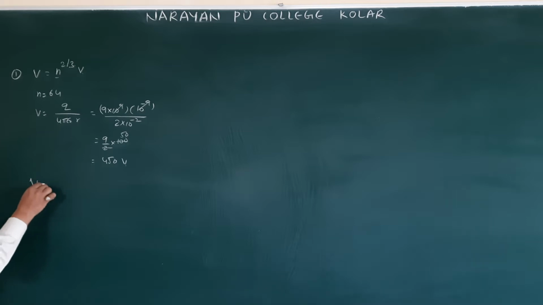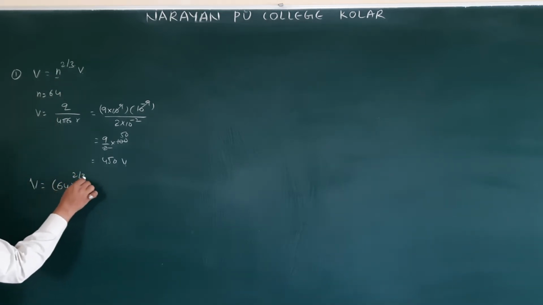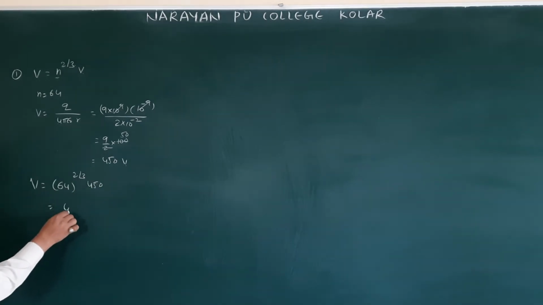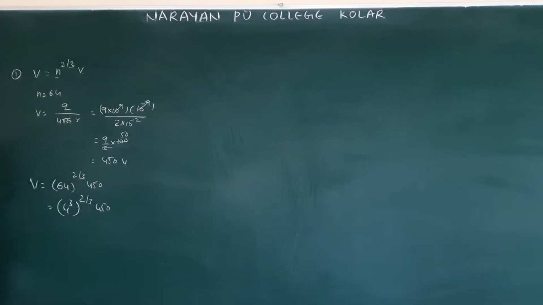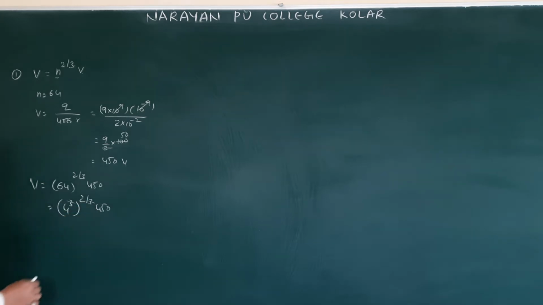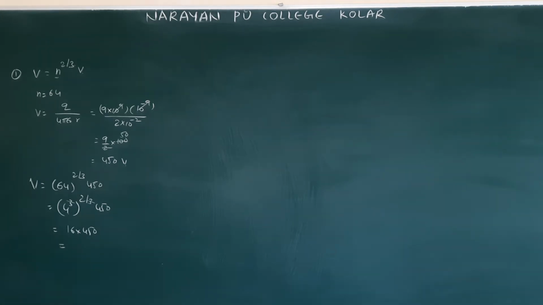Substitute here: V' is equal to 64 whole power 2 by 3 into 450. 64 can be written as 4 cube. 4 4s are 16, 16 4s are 64. The cube will be cancelled, leaving 4 square. So 16 into 450, you will be getting the answer, 7.2 into 10 cube.